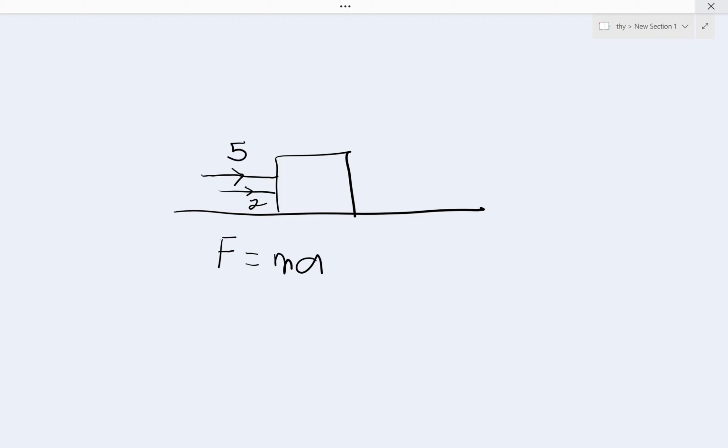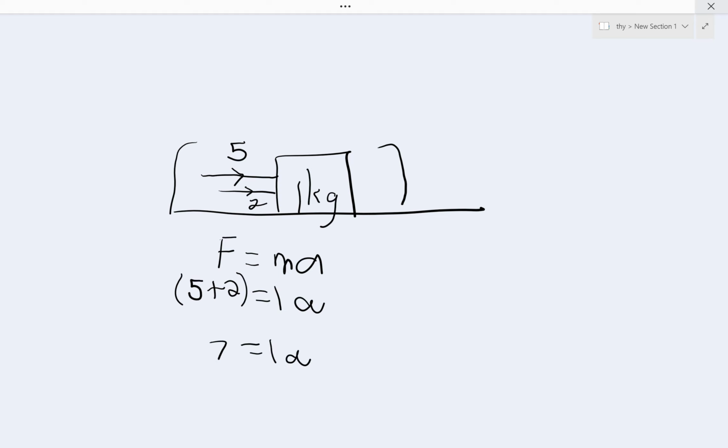The F stands for the sum of all the forces acting on the object. So not just the 5, but 5 plus 2 will be the force. 5 plus 2 is equal to the mass. Let's give it a mass of 1 kilogram. 1 times the acceleration. So 7 is equal to 1a. In other words, 7 is equal to a.